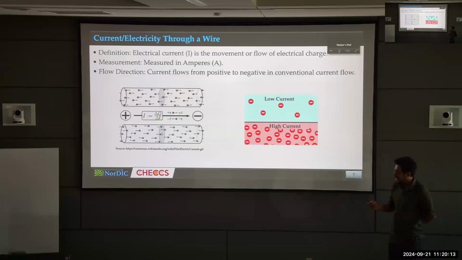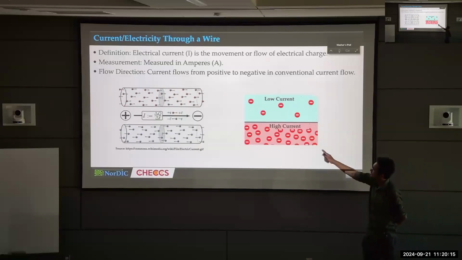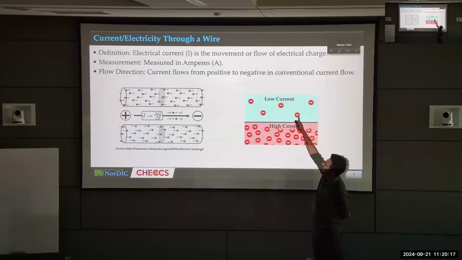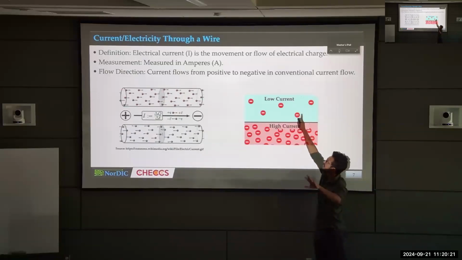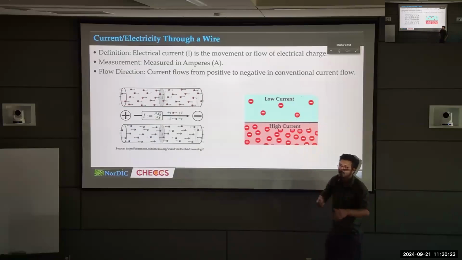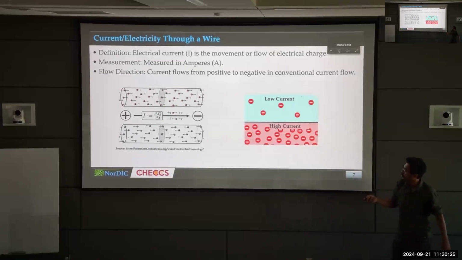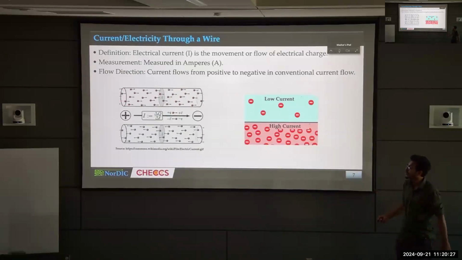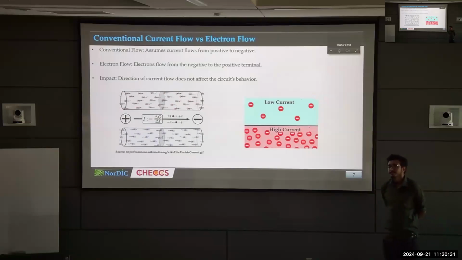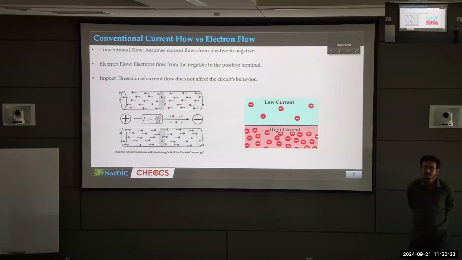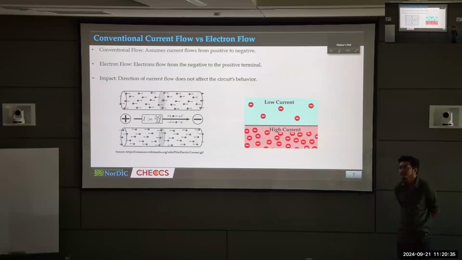These figures show what we mean by low current, which is sparse, and high current, which is dense. This is just an illustration of what high and low current really mean. If it is heavy traffic and I want lots of cars, what do we do?